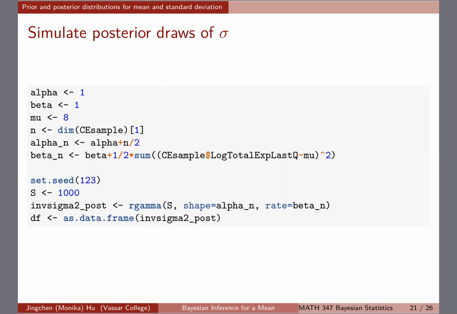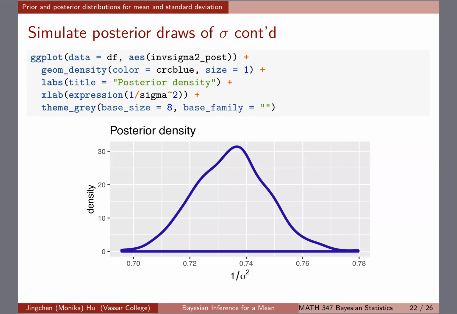And then lastly, you can generate a large number of draws. So again, you can see that we use rgamma, and S is the number of draws that we're doing. And then you fit in the shape and the rate. So we call them shape and rate parameters. So just fit in the 2 that you computed, and then you'll be able to summarize, or in this case plot, the posterior distribution for the draws of sigma.